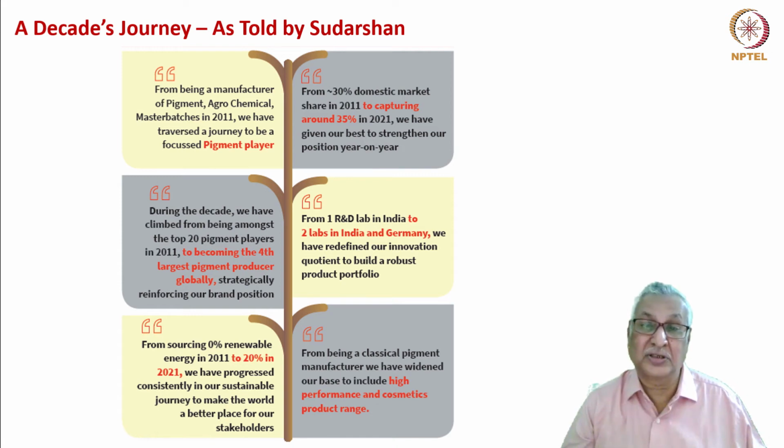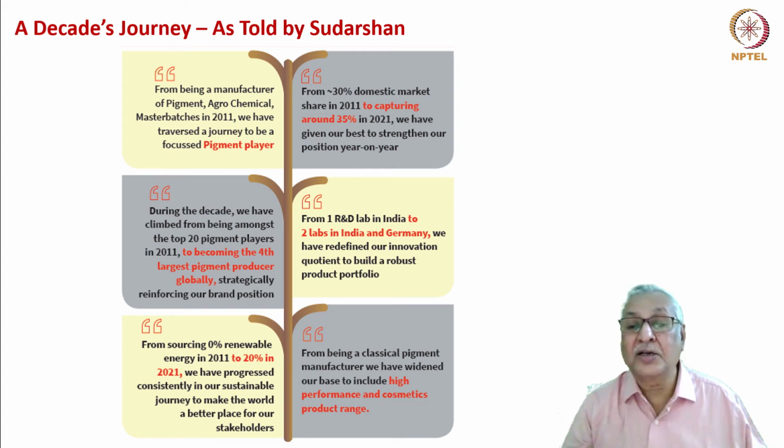We have given our best to strengthen our position year on year. That means each year it has gained a market share percentage of 1% in a highly competed chemical industry. During the decade, we have climbed from being amongst the top 20 pigment players in 2011 to becoming the fourth largest pigment producer globally, and that strategically reinforced the brand position.